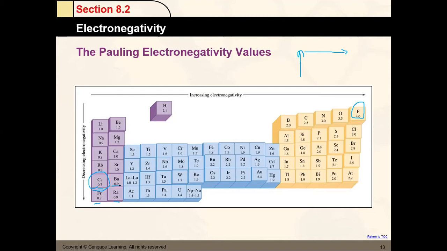Barium is normally the last alkaline earth metal element. Same thing for alkali metals. Cesium is the one that we normally mention as the most metallic. Right? So that would be the trend, and that's how you're going to organize the elements based on electronegativity.